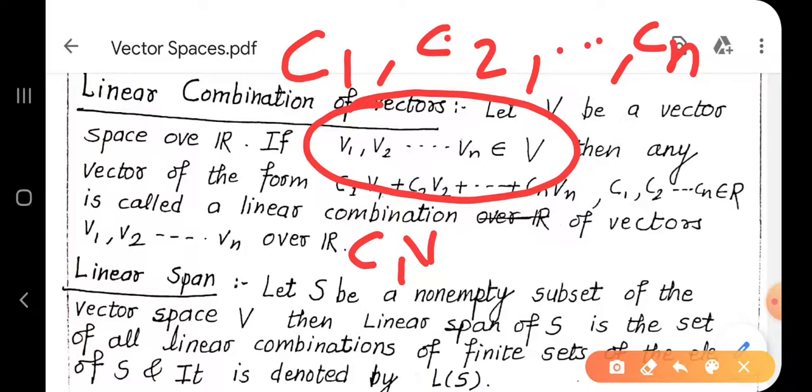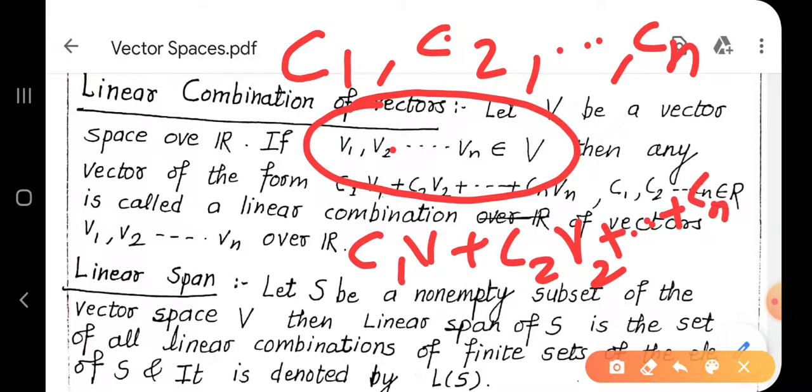Next one is c2 v2 plus, in general, c3 v3, c4 v4. In general you can write cn vn, right? So this addition is called linear combination of vectors.